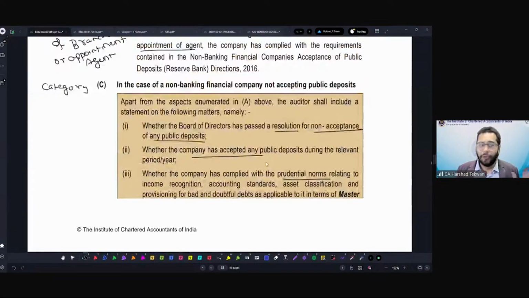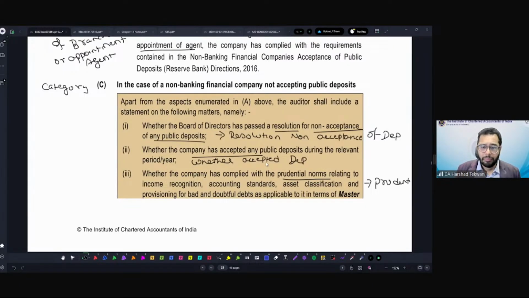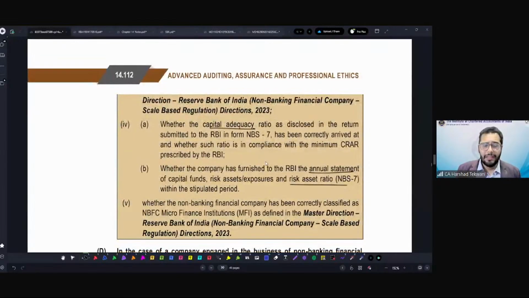That is the requirement for category C. So resolution for non-acceptance of deposit, whether accepted deposit because they were not supposed to do that, prudential norms, annual return, this is capital adequacy ratio return.